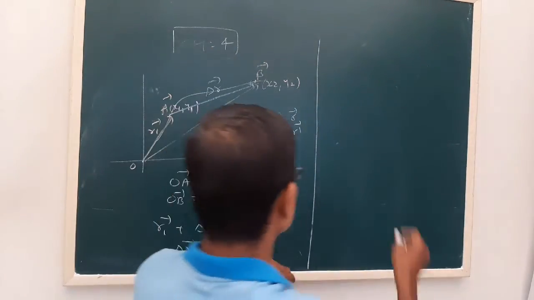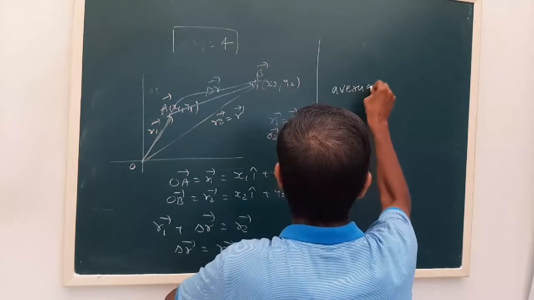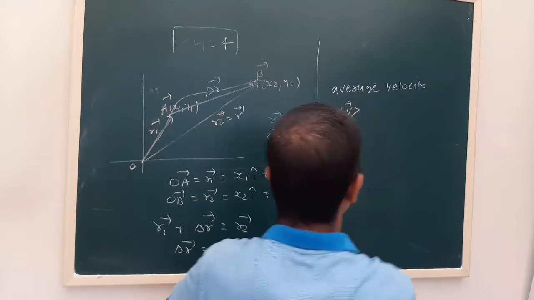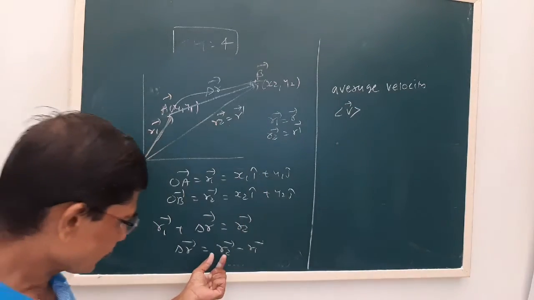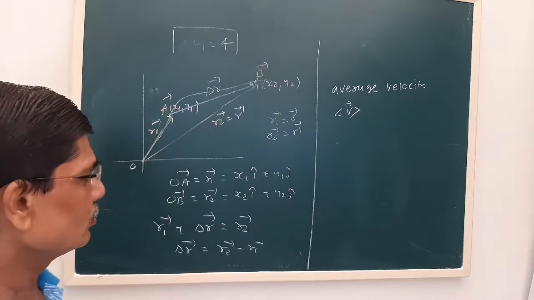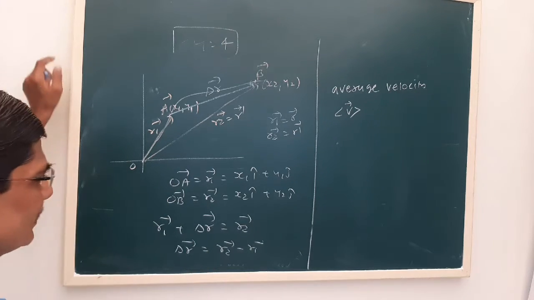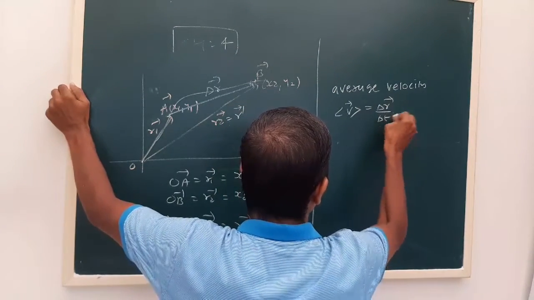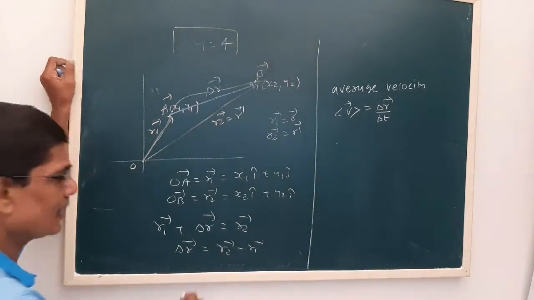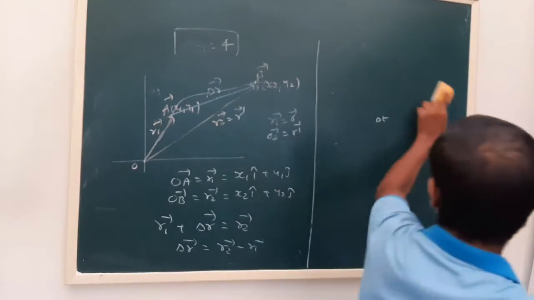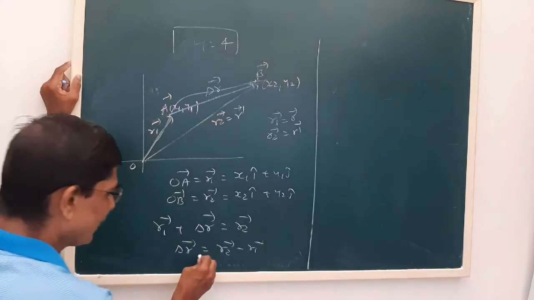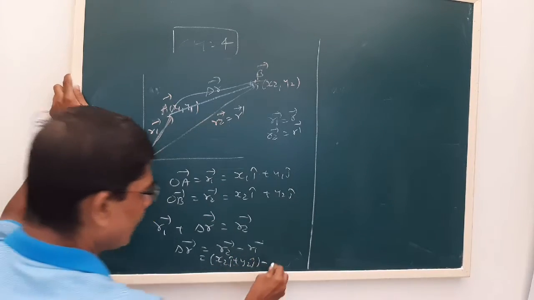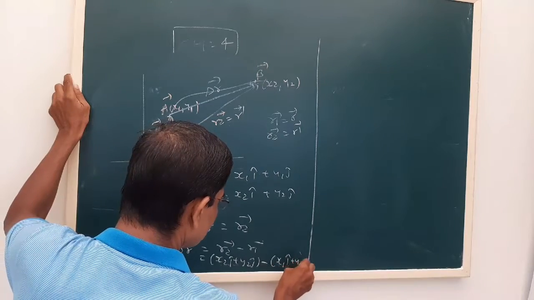Now see the average velocity. That is delta r by delta t, that is r2 minus r1. So what is r2 minus r1? That we have to obtain. See what is r2 here? Now r2 is x2 i plus y2 j minus r1, which is x1 i plus y1 j.